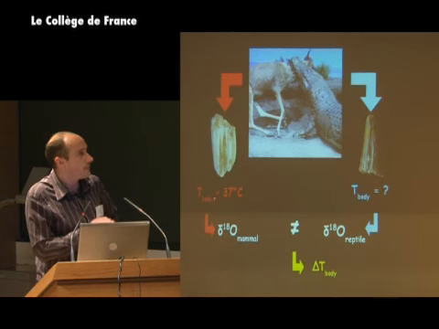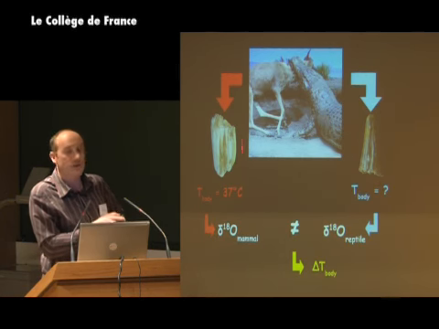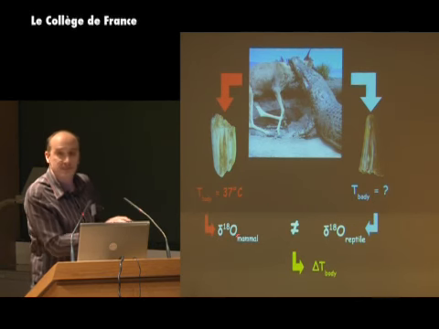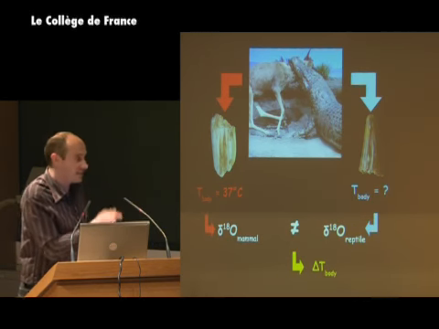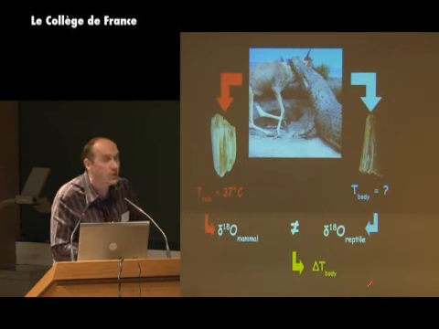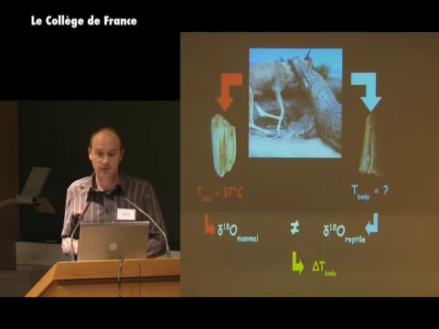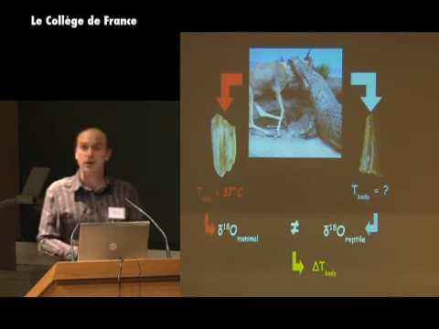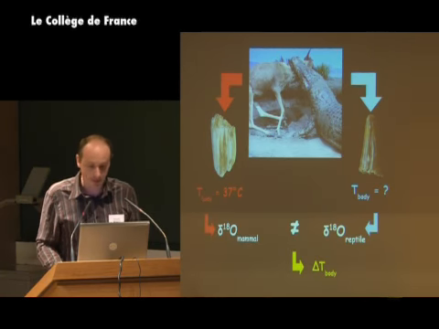If we measure the delta 18O values of phosphate from these teeth, we will have a difference between the two, and part of this difference will correspond to the difference in body temperature. So this is the basics of how to use this thermometer.